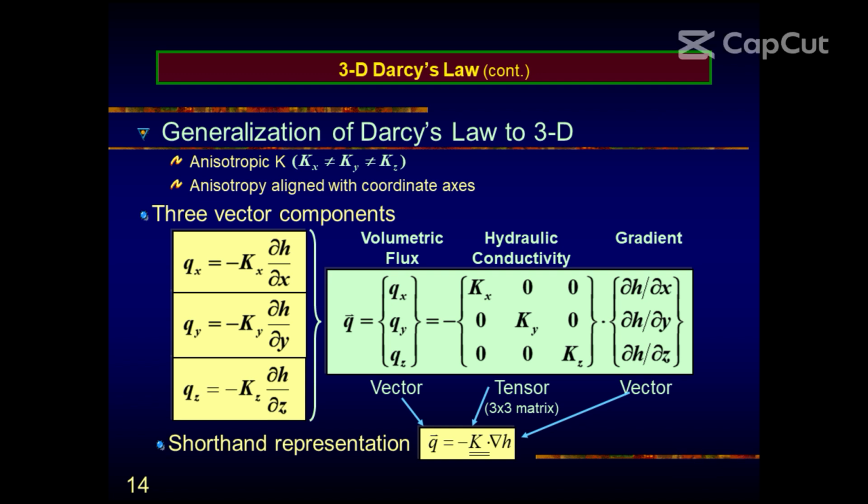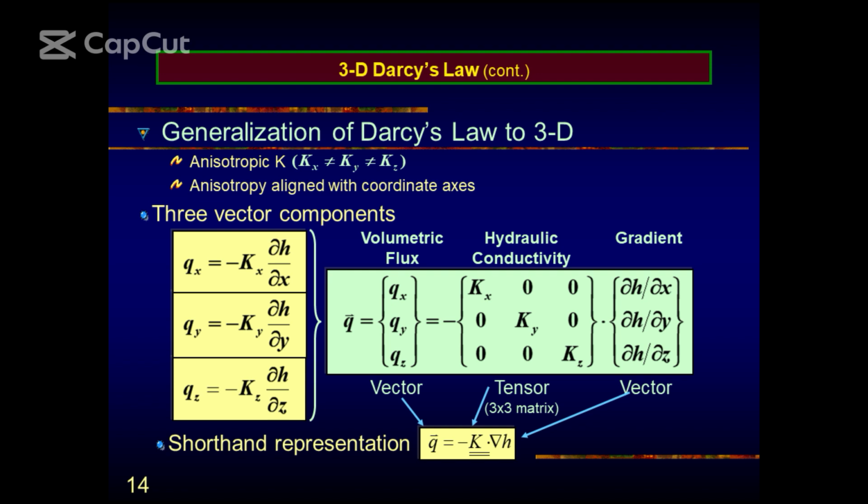So when it is aligned to the Cartesian coordinate system, the cross terms will become 0. This holds true only when you have an anisotropic medium. If it is isotropic, you have just one k value. Simple.